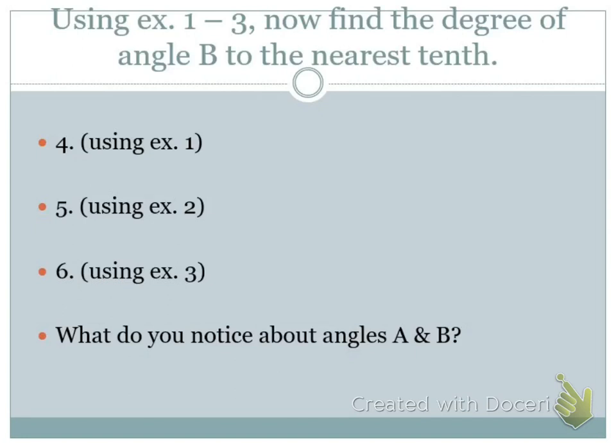What do you notice about angles A and B? Jordan, what do you notice? Perfect. When you add them together, they equal 90. The sum of those two angles should equal 90. So you could just say A plus B equals 90. That should happen every time.